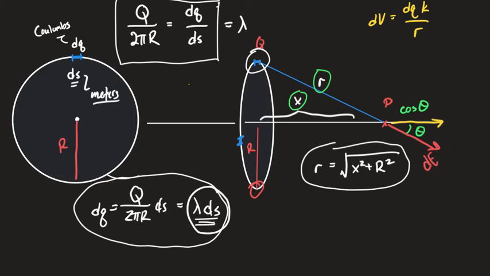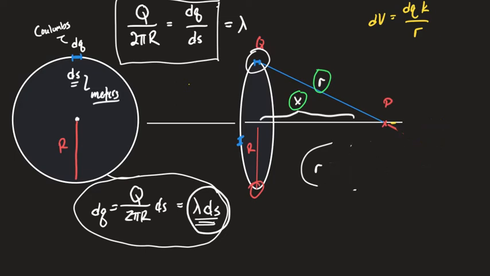We can do everything else exactly the same. We can still break each piece up into an individual point charge and find each one's contribution. But one important distinction is that each piece contributes a small amount of electric potential at this point. It's not a vector, so there's no cosine involved at all. Every piece is the same distance away, square root of x squared plus r squared.